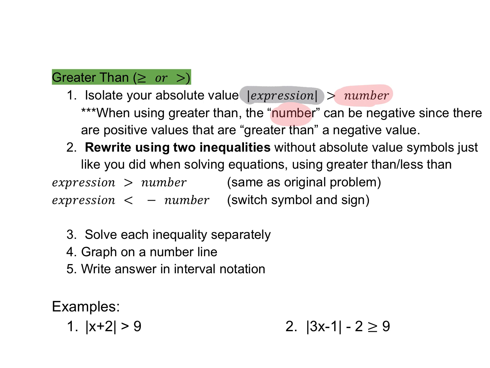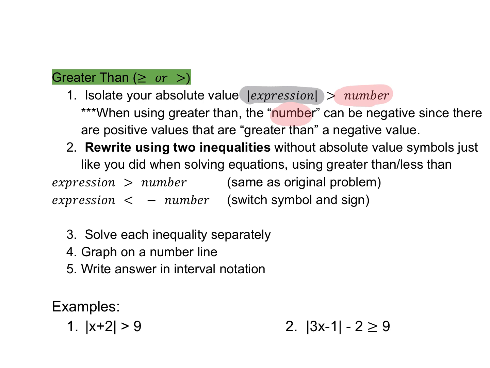Even if this number were -5, that's okay, because there are numbers greater than -5 that are positive. So it's okay with greater than to have a negative number there.